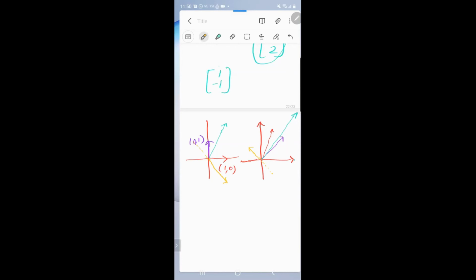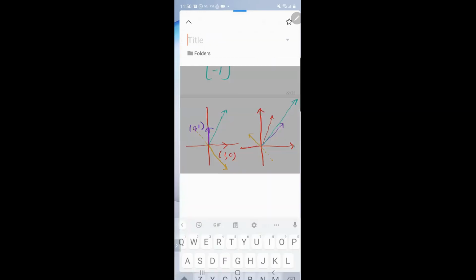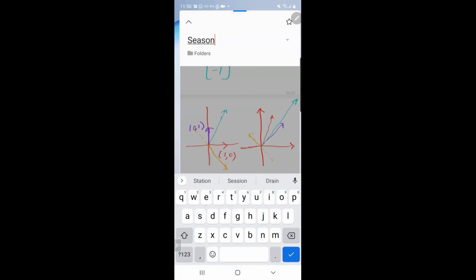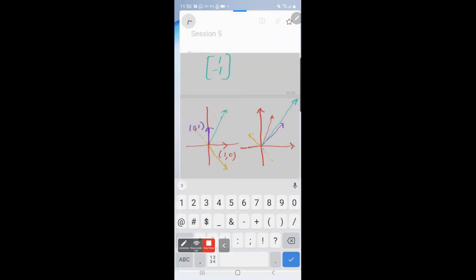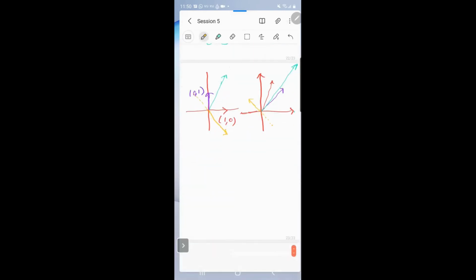If you guys are looking at my phone screen and seeing 11:50, that's because I'm in India right now. It's almost midnight for me. If anyone has any questions, you guys can go ahead and ask.